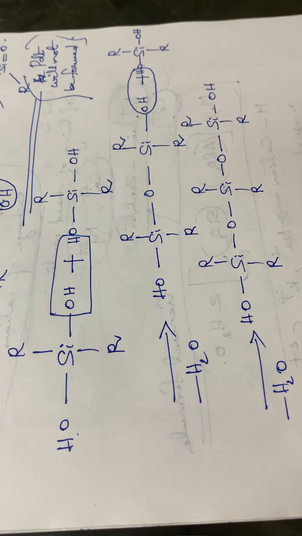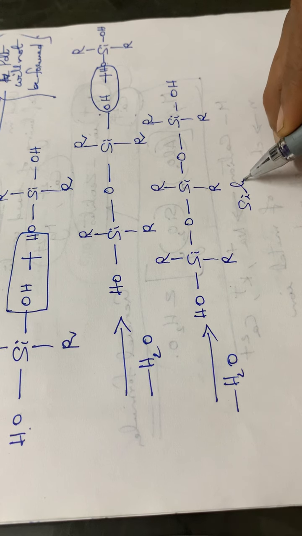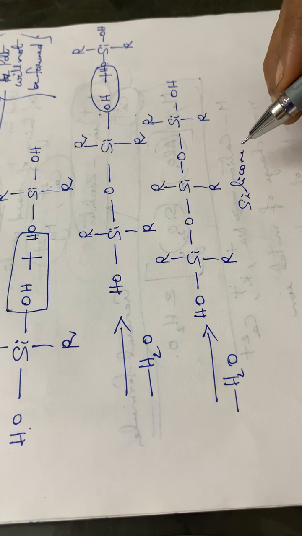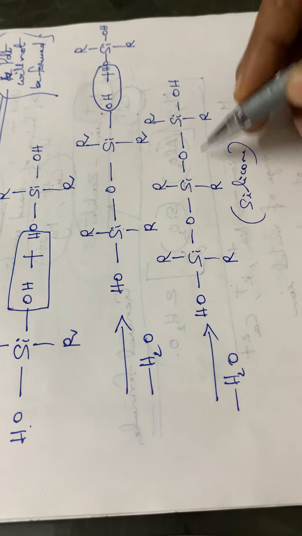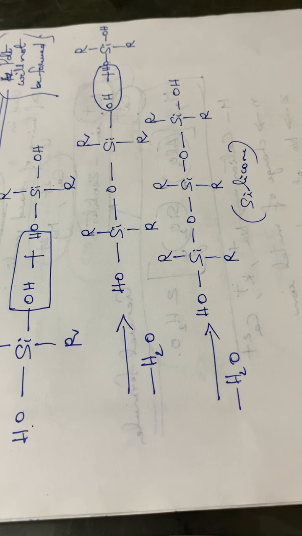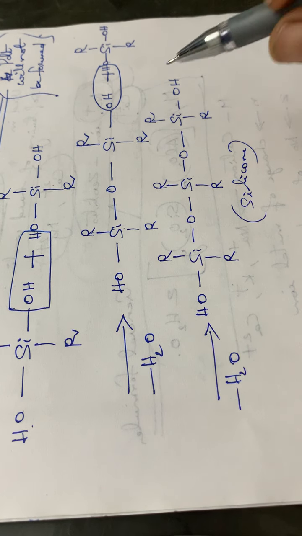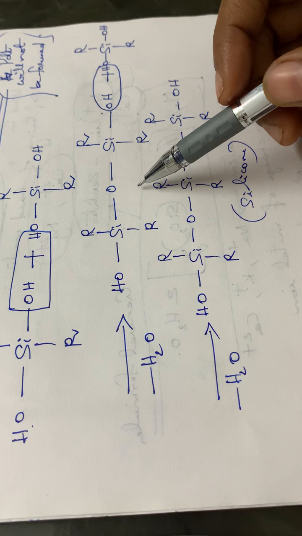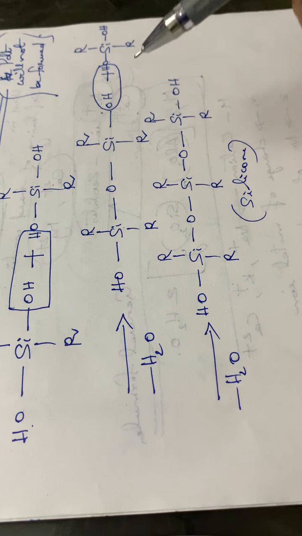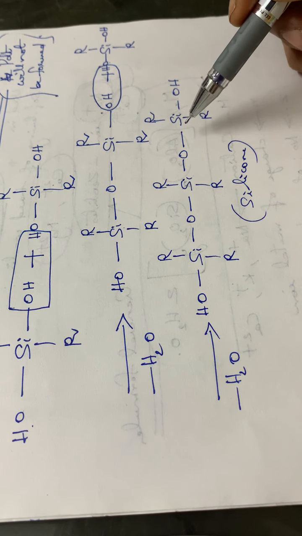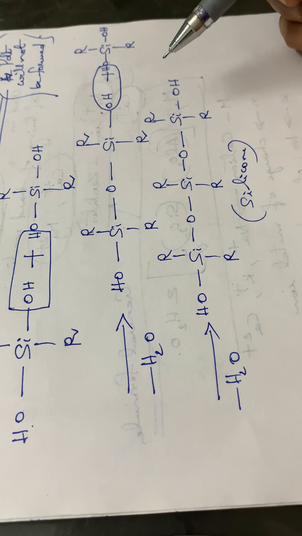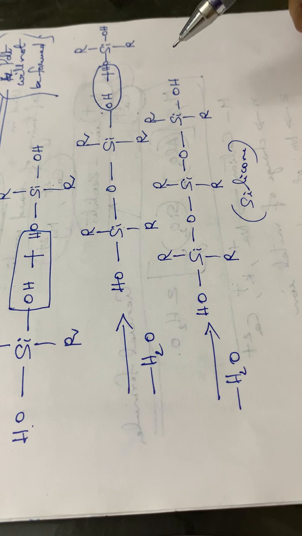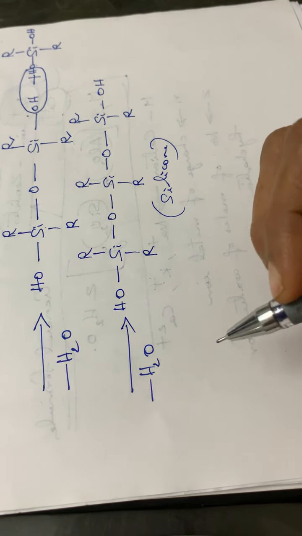Okay, so this is called silicone. This is an organic silicon polymer, isn't it? On hydrolysis of monoalkyl trichlorosilane, RSiCl3, we obtain a cross-linked polymer. I will be writing the reaction also.